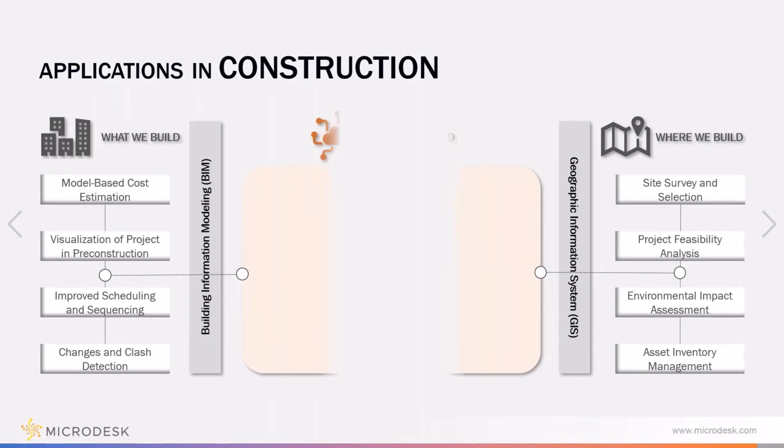Therefore, by integrating the two, we can capitalize on both of their capabilities and gain additional benefits to construct our built environment more efficiently and sustainably. The project team can design and coordinate not just within the building boundary, but also within the geospatial context for improved design review, visualization, and exploration.